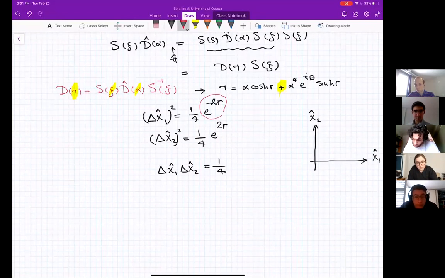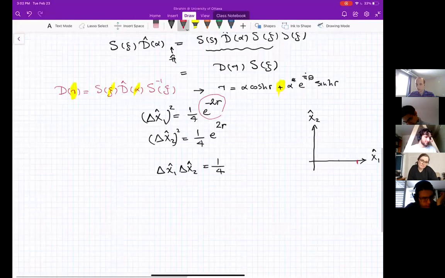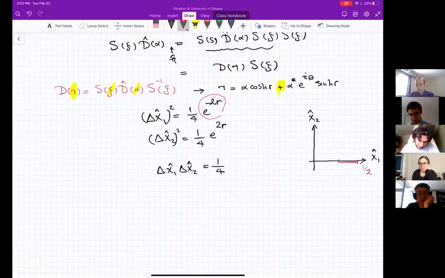If r is equal to 1, then you reduce it by a factor of 1 divided by e, which is about 0.3. Essentially, you are reducing the uncertainty that you have here, assuming this is a squeezed coherent state. You reduce it from 1 divided by 2 to 1 divided by 2 times 1 divided by e. So you reduce it further.